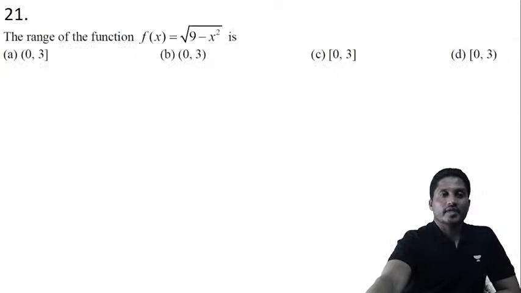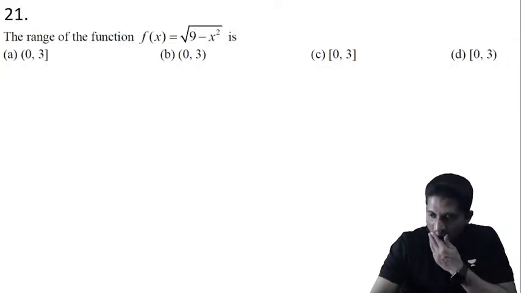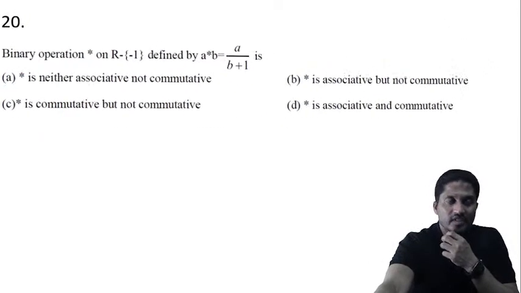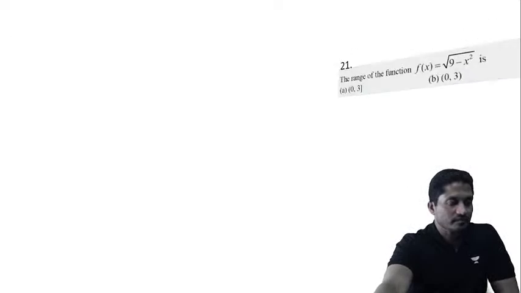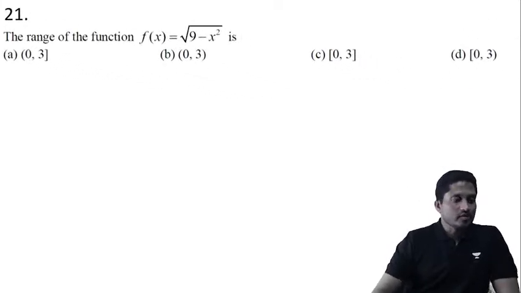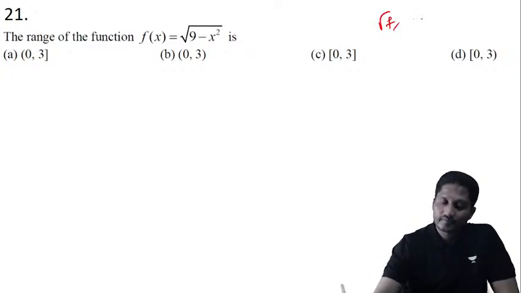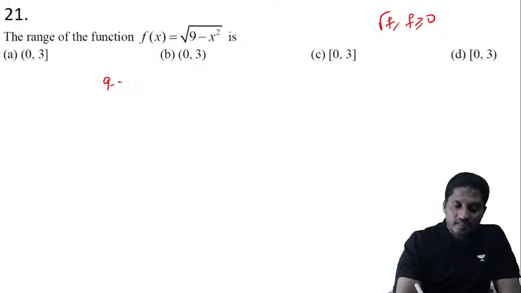Okay, question number 21. I'm supposed to find the range of root of 9 minus x square. Root f is defined when f is greater than or equal to 0, right? So 9 minus x square should be positive. That is 9 is greater than or equal to x square.